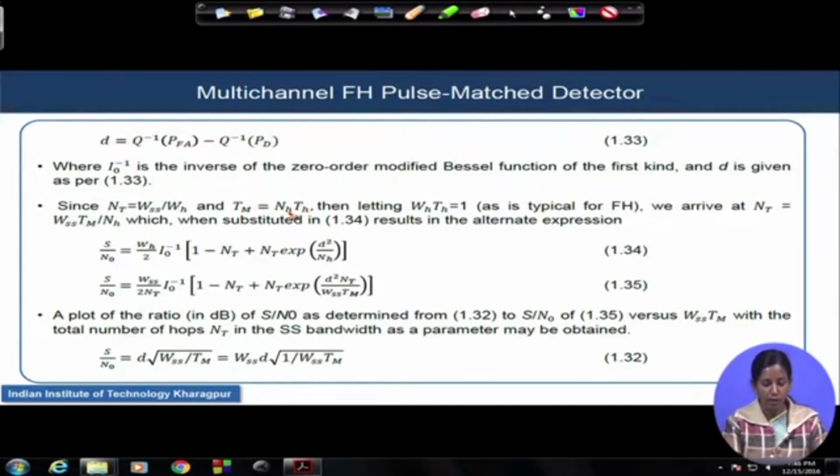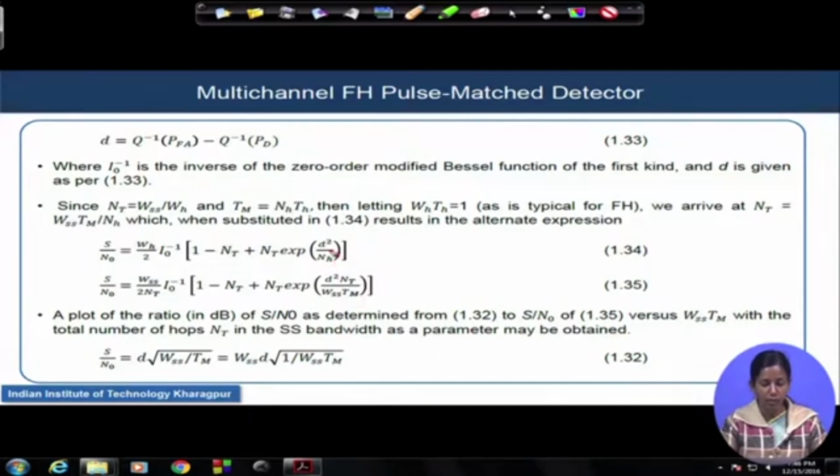If we consider that the time bandwidth product is equal to 1, which is typical for the frequency hopping condition, we can write NT in terms of WSS Tm by NH, by substituting the values from these two. If I now substitute the value of NT in equation 1.34, we can get another alternate expression for signal to noise ratio.